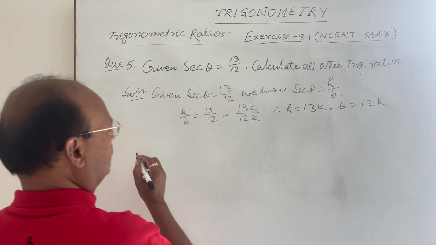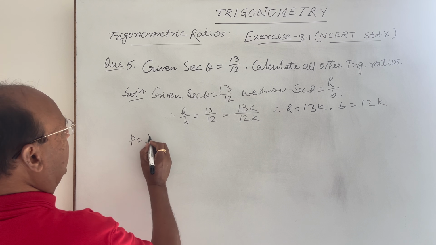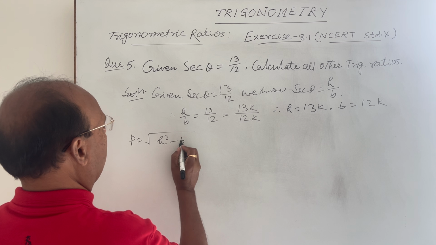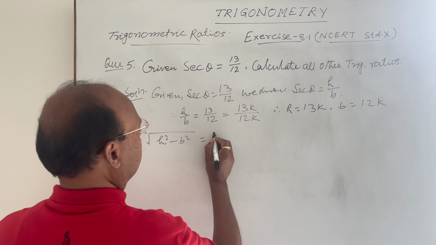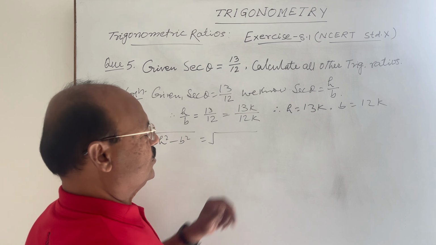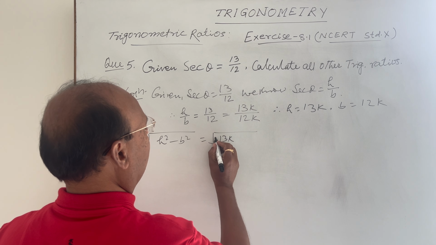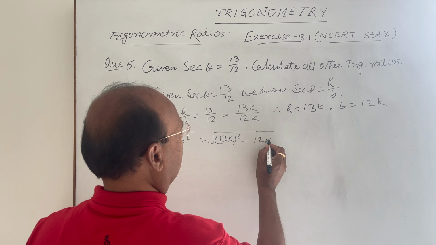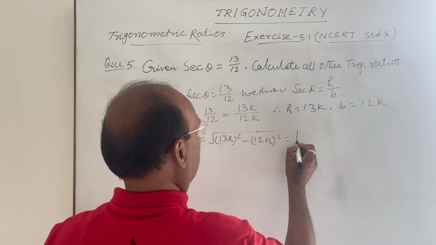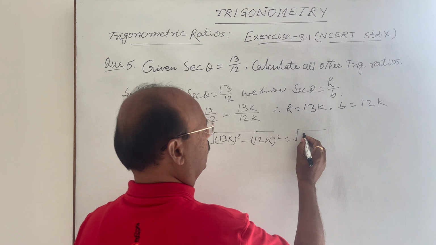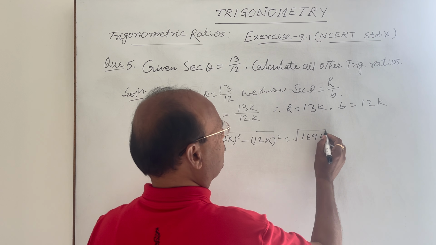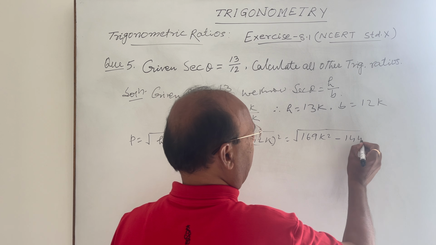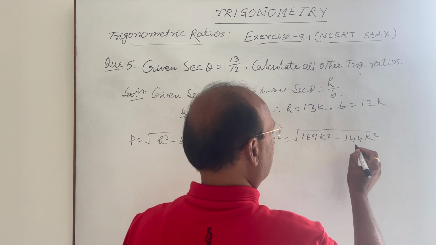Now let us find out the value of p. With the help of Pythagoras theorem, p is equal to square root of h square minus b square. This is equal to square root of 13k whole square minus 12k whole square. 13k whole square is 169k square and 12k whole square is 144k square.